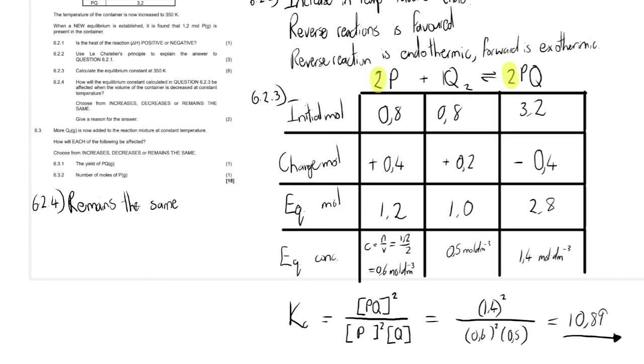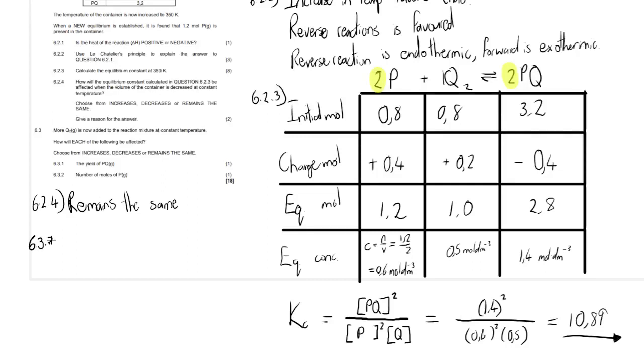There are only a very certain number of things that will affect the equilibrium constant, and volume is not one of them. The equilibrium constant generally is only ever affected by temperature changes. I think we both got there at the same time. It's definitely only temperature changes. Okay, let's continue and finish off this question.